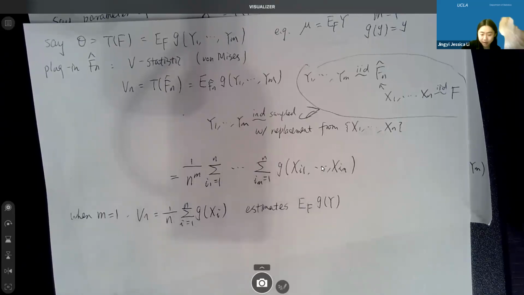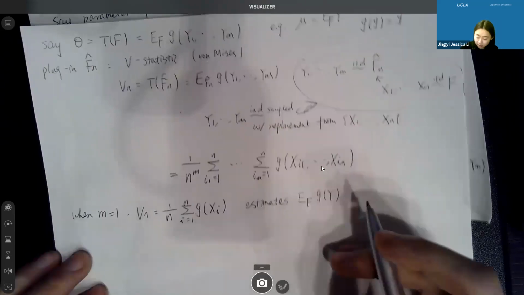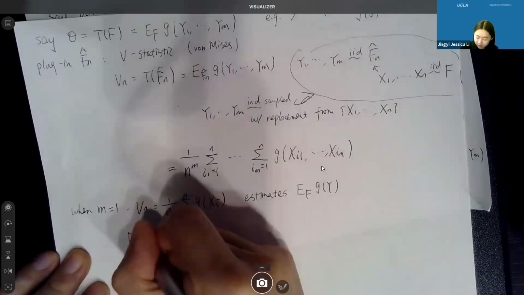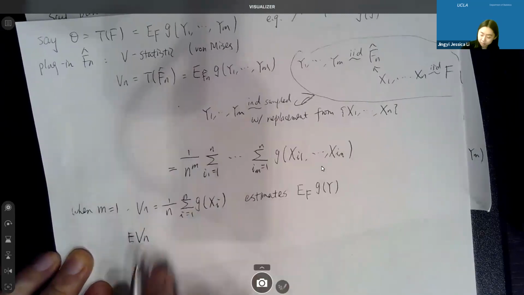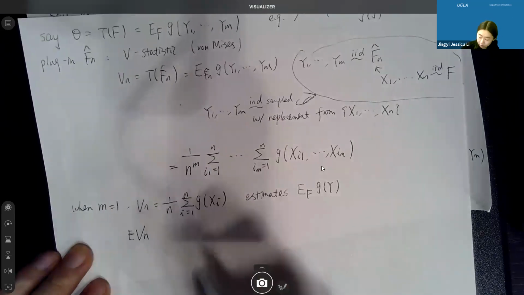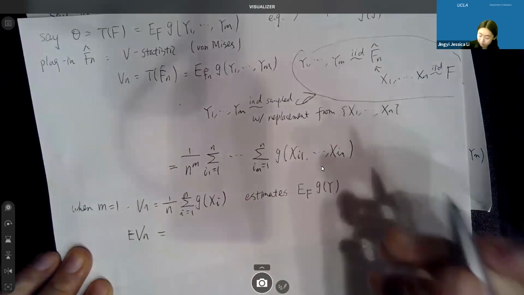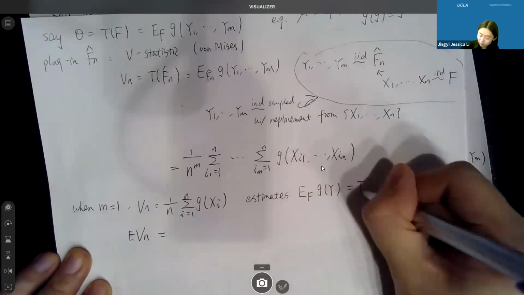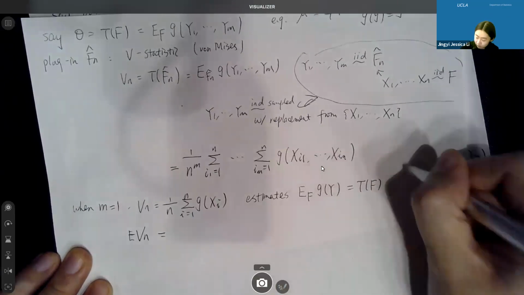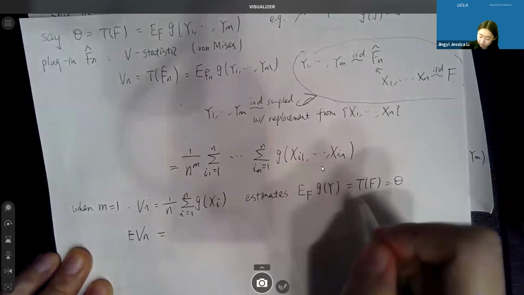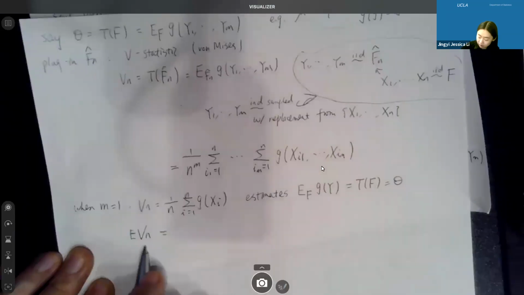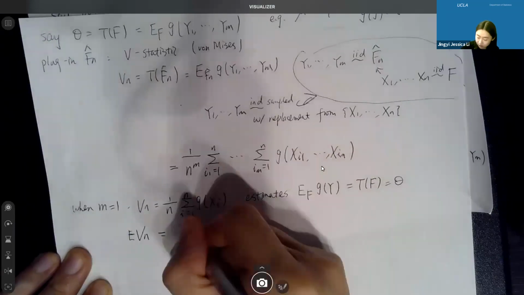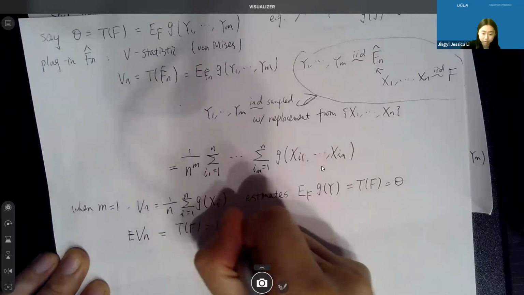So this is something very natural. And very obviously, the expectation of the V_n statistic here would be equal to my statistical functional, the parameter of my interest. So they are all the same thing. In this case, E[V_n] will clearly equal T(F) and equal the parameter of interest.